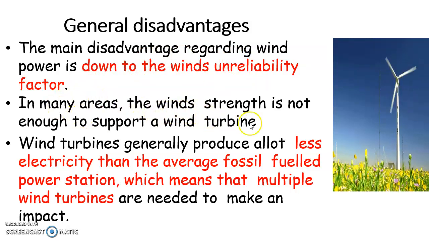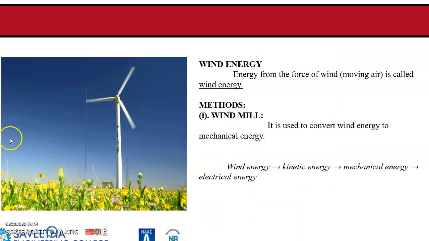In many areas, the wind strength is not enough to support a wind turbine, and the wind turbines generally produce a lot less electricity than the average fossil fuel power station, which means that multiple wind turbines are needed to make an impact. So, we discussed wind energy, windmill, and wind farm.